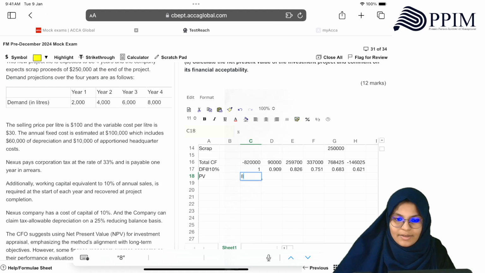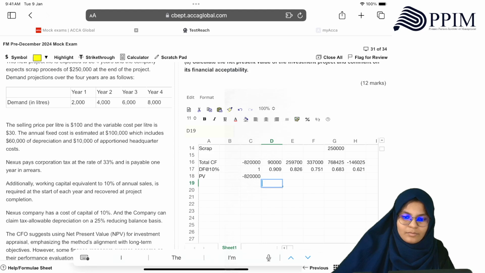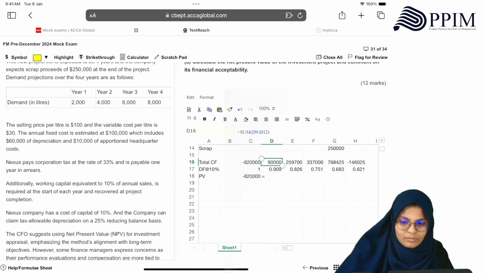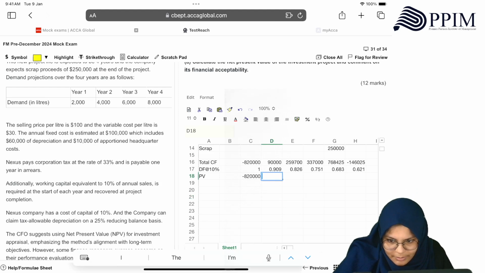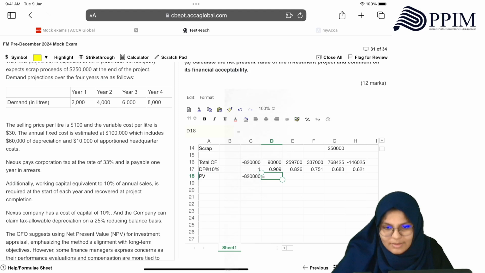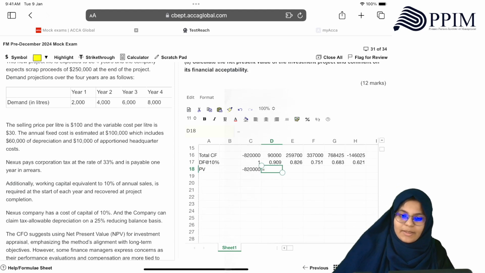So this is 820,000. I don't know why it's not letting me formulate. Okay, doesn't matter. I'll just put in the figures quickly.